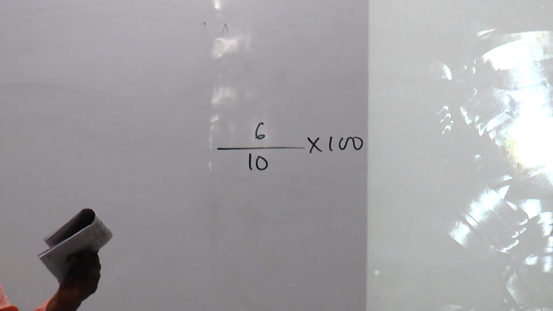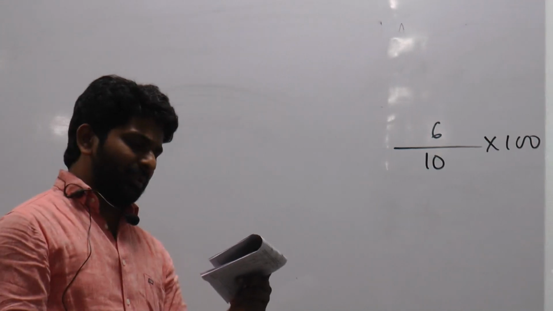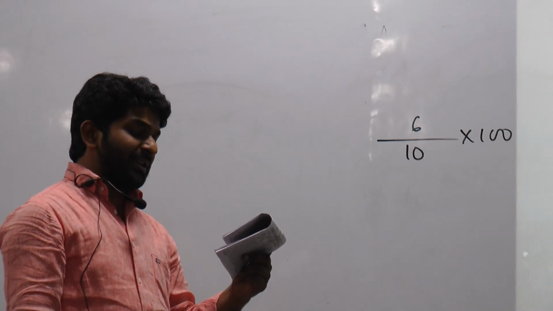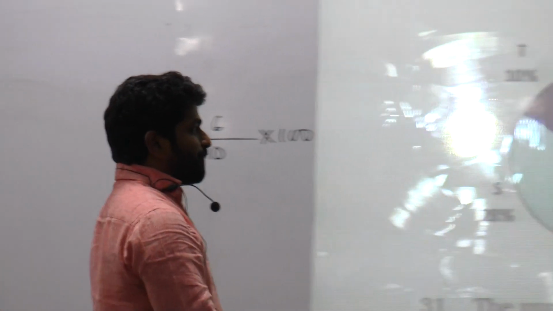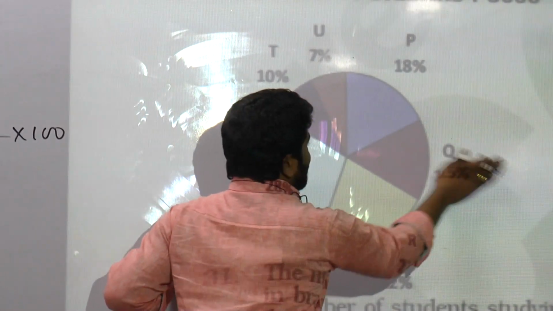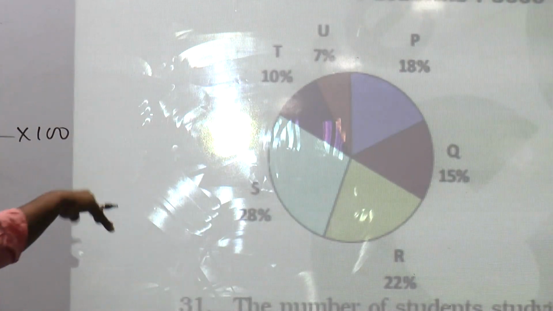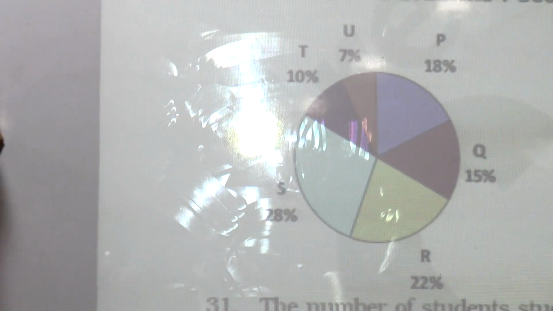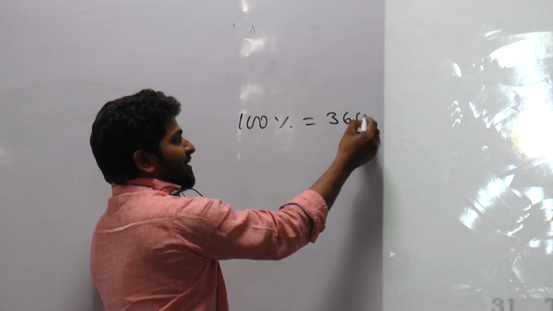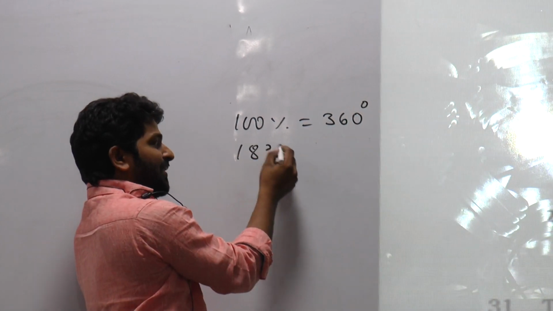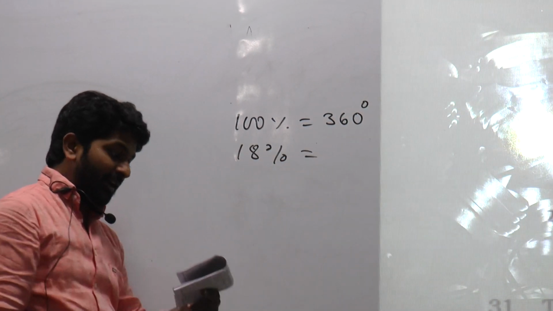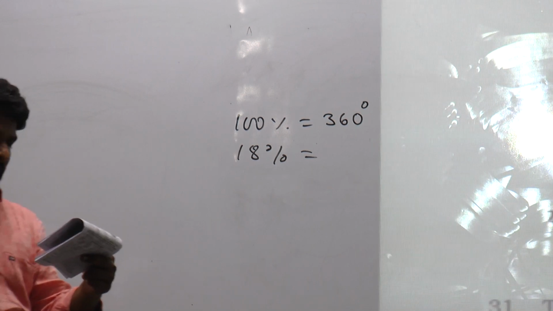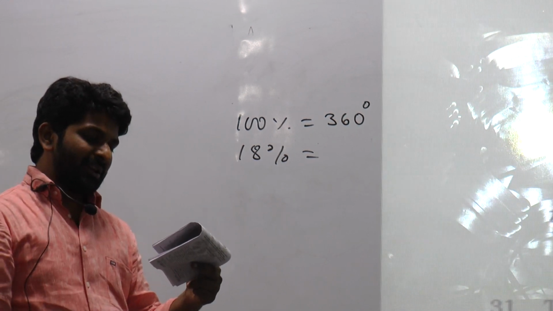Next, what is the central angle corresponding to the number of students studying both Indian and Western music in branch P? Branch P. So in terms of percentage, the circle's internal angle is 360 degrees. In terms of percentage, 100%. 100% is equal to 360, but you need to calculate 18%, which should be a multiple of 9. How many 9 multiples are there? 2 are there.